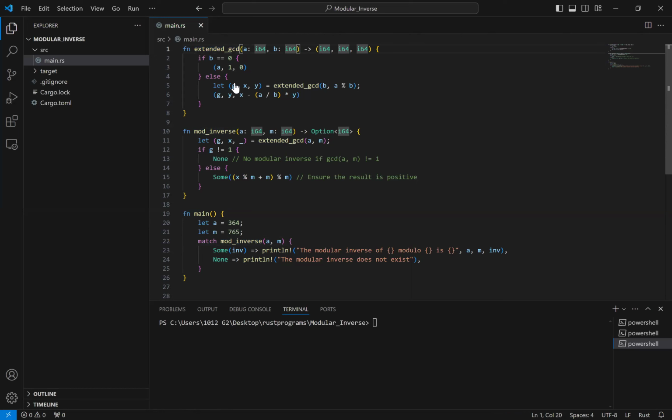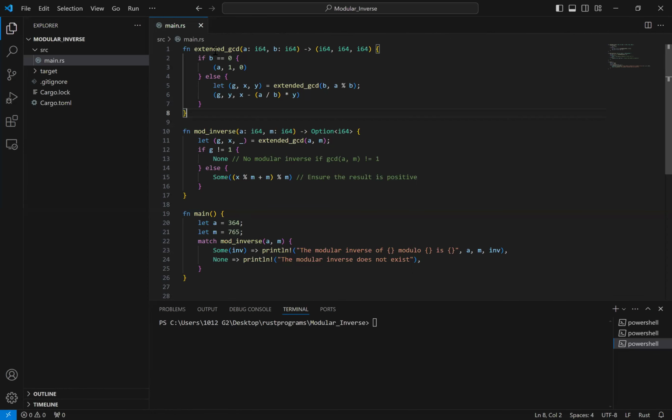And what this extended GCD function is doing is finding the GCD. And then if the GCD is G, that GCD will be written in terms of A and B. So it will have again obtained values X and Y, so that the GCD can be written as A times X plus Y times M.